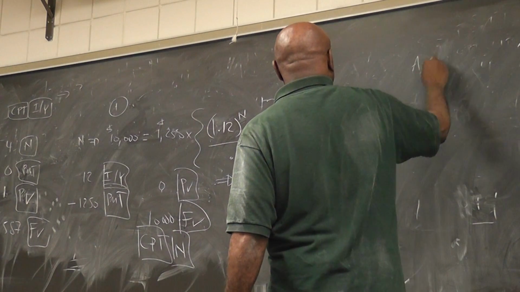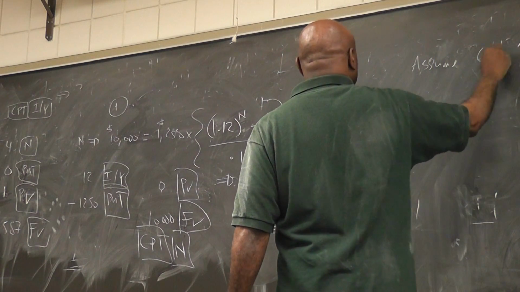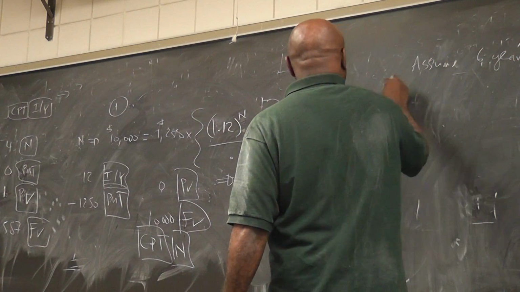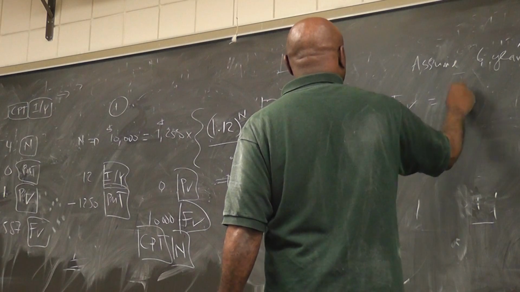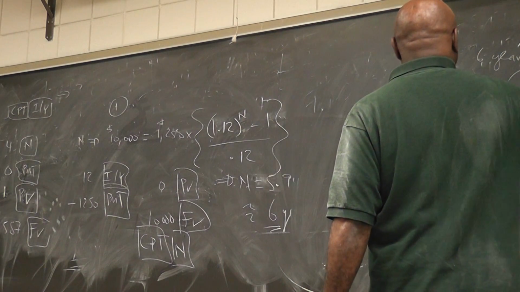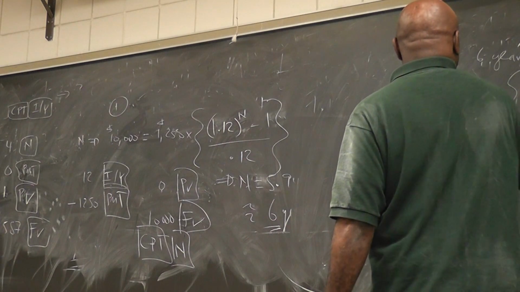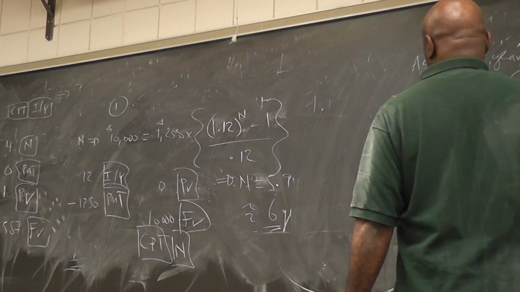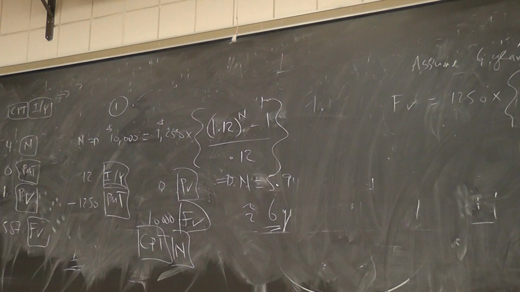So what is the future value? Well, it would be 1250 times 1.12 to the 6 minus 1 over 0.12. You all agree? Why don't you compute this?